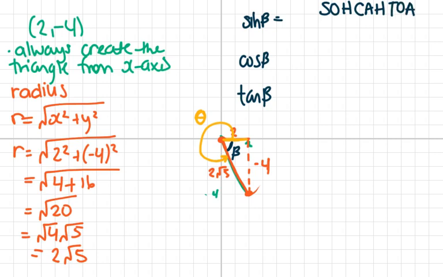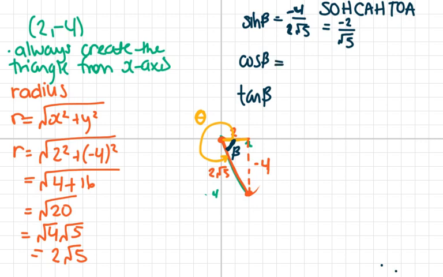So on this triangle, the side that is opposite beta would be -4. And the hypotenuse is the radius here, which is 2√5. Now I can simplify that because -4 over 2 is the same as -2 over 1. So sine beta equals -2 over √5.